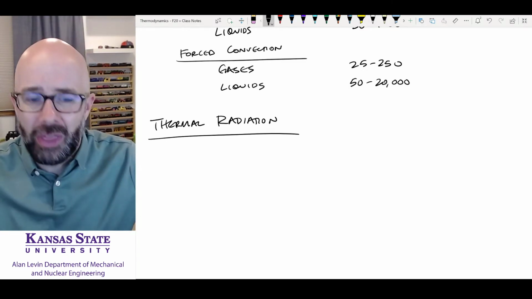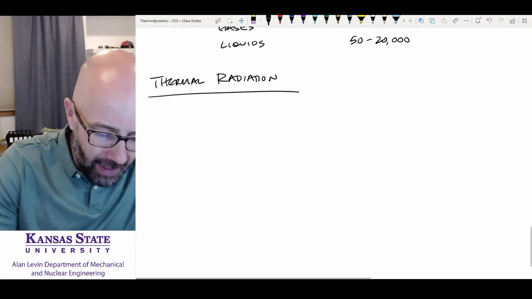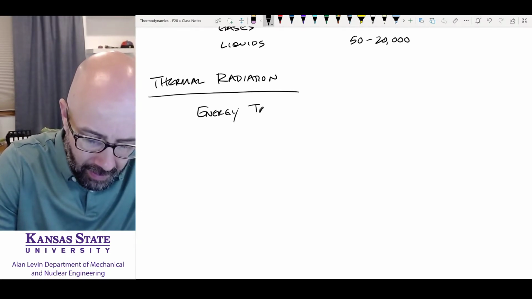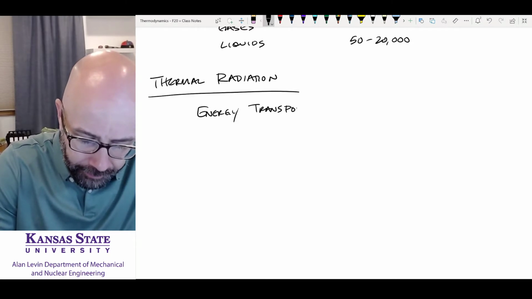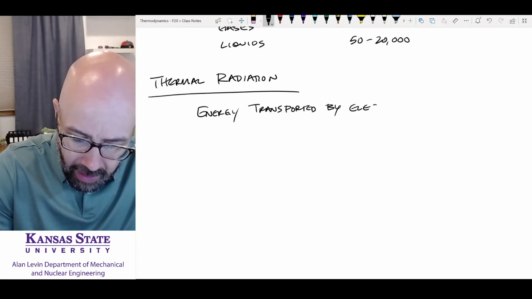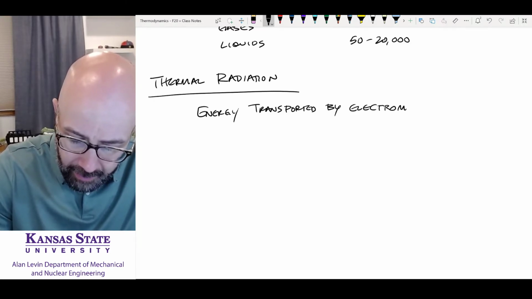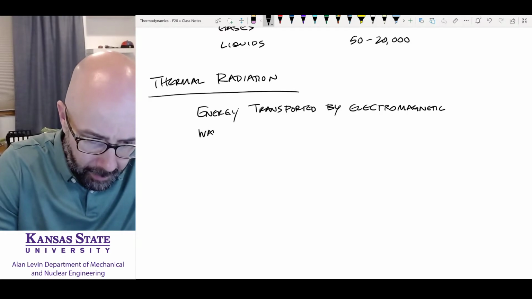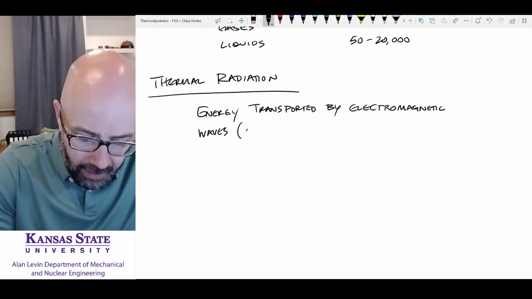But let's talk about what thermal radiation is. First of all, it's energy transported by electromagnetic waves or photons.